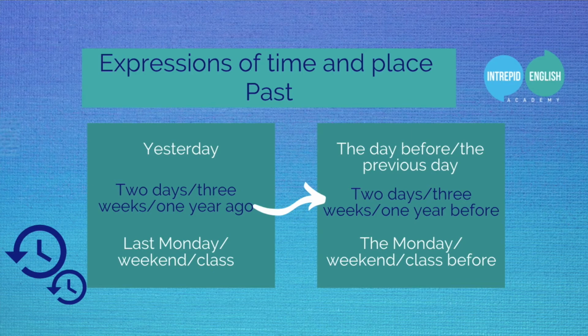Last Monday, or last weekend, or last class, for example, becomes the Monday before, the weekend before, or the class before. Okay. So remember, ago or last can include before when you're transforming it into the previous tense for reported speech.